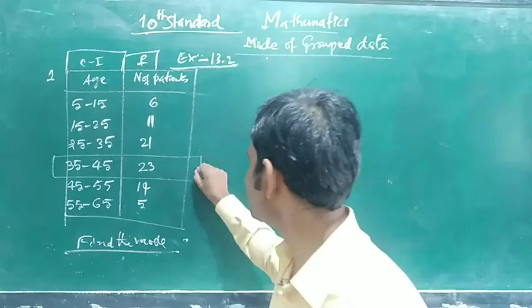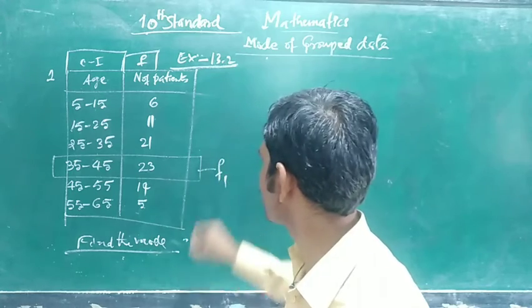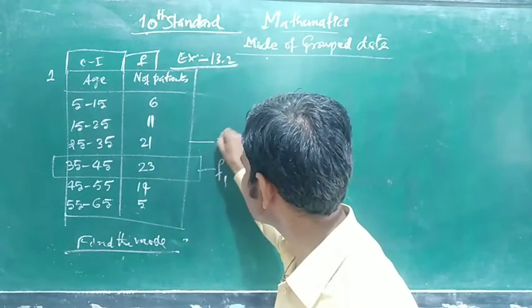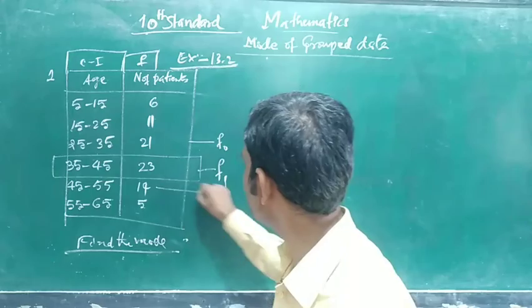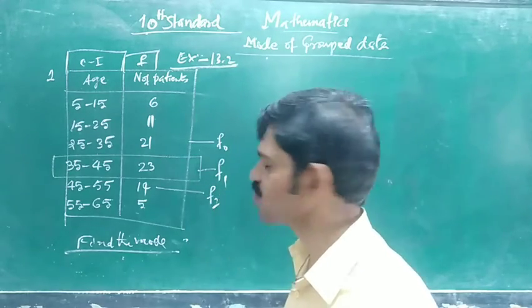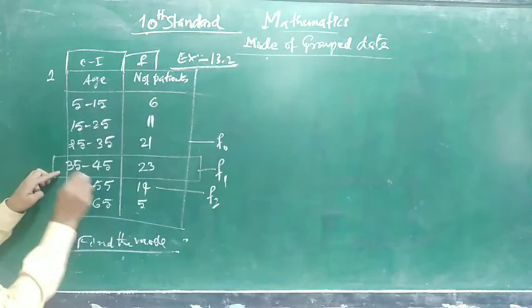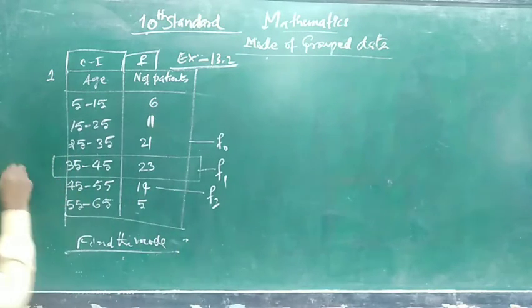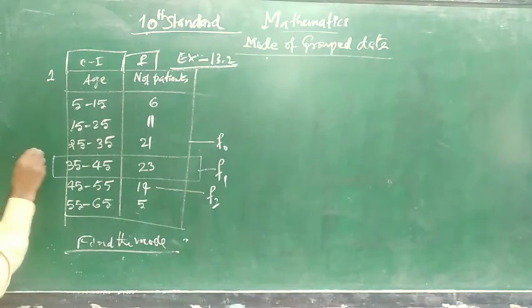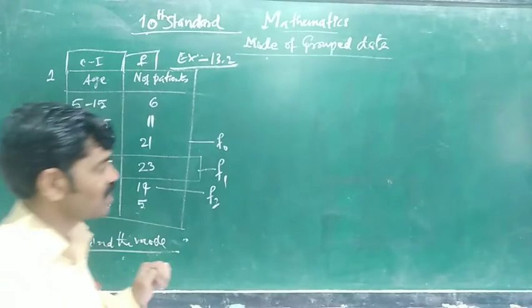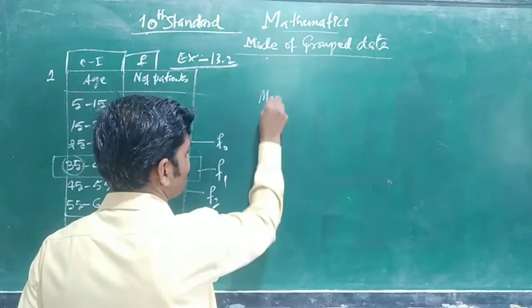So this is F1. Above, that is F0. Below, that is F2. And 35 is L. L is equal to 35. Lower limit is 35. Okay. Let us write the formula.